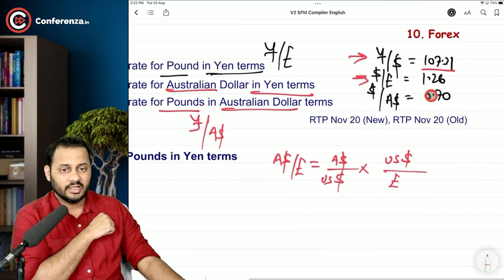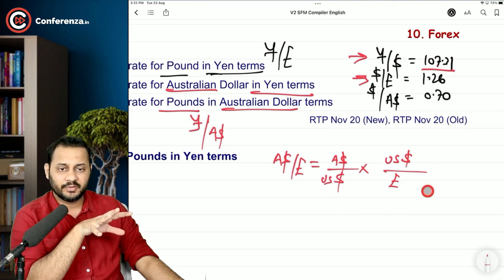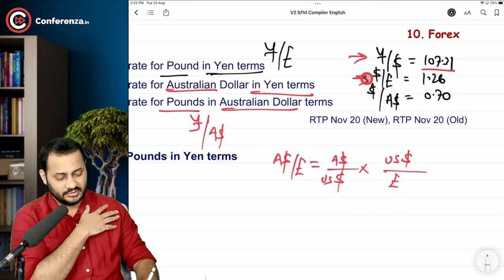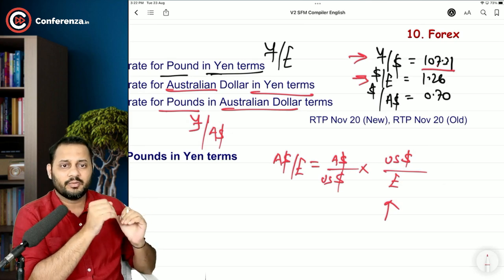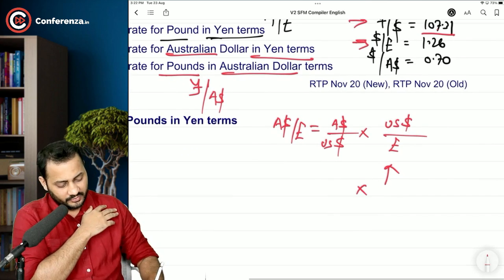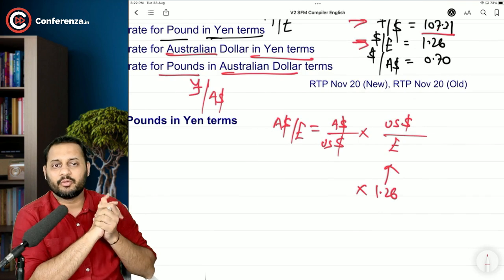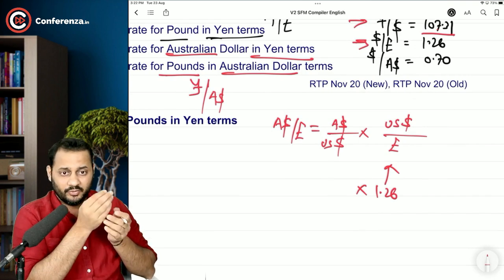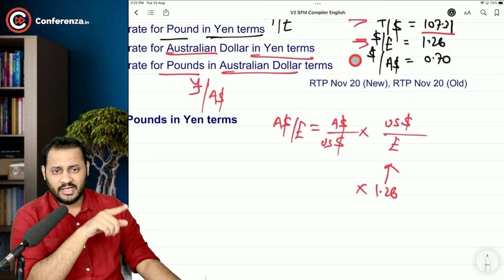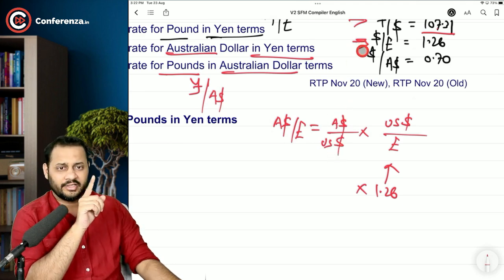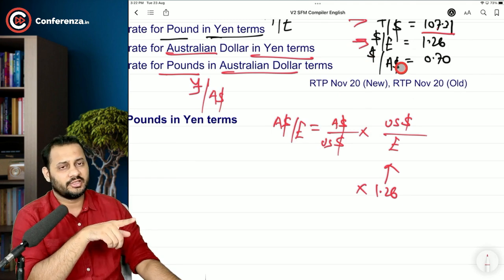Now you can see first of all which particular requirement is matching with the given data. You can see that this requirement is matching with the given data. We need dollar per pound, and the dollar per pound is already given to us. That means we can simply write 1.26. But you can see that we need Australian dollar per US dollar, and the data is US dollar per Australian dollar.